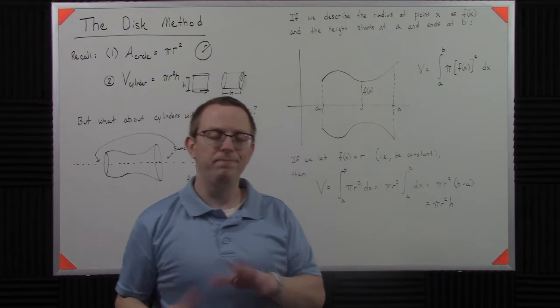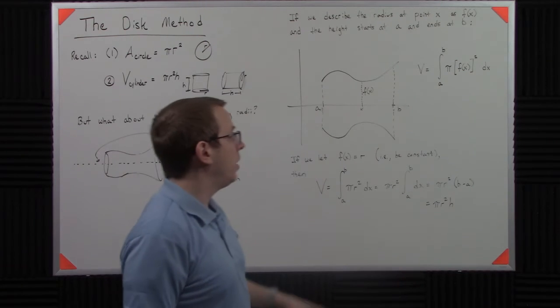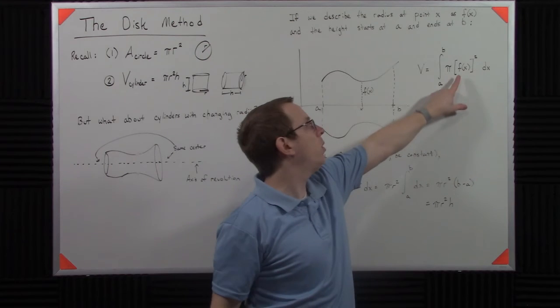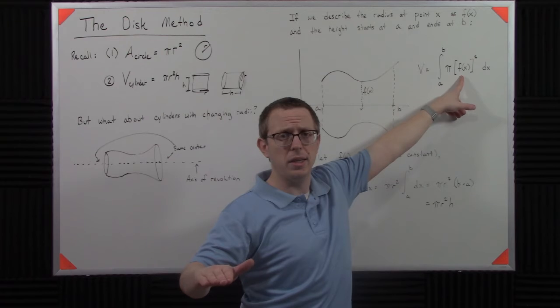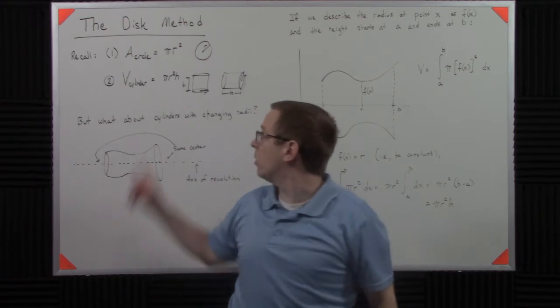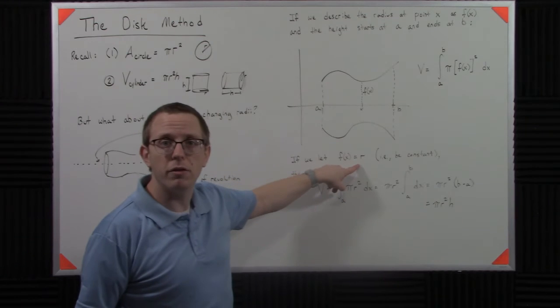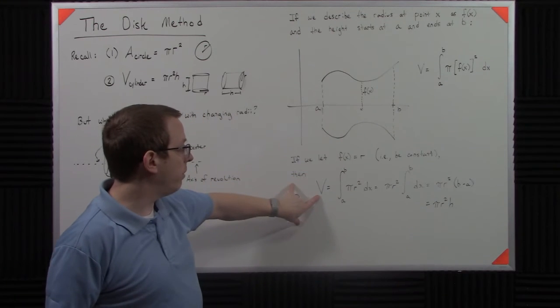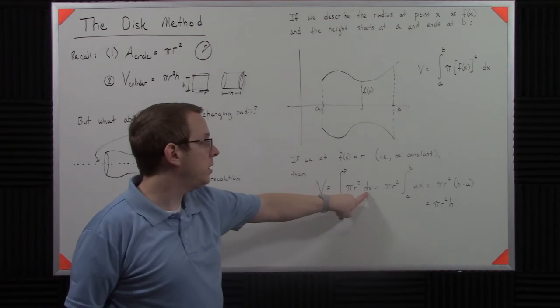So let's use that idea with a constant. Let's take a step back. What if I just said this is a constant, a constant flat radius, which means we're dealing with this cylinder here. If we let f of x be a constant, the volume is equal to the integral of pi r squared dx.